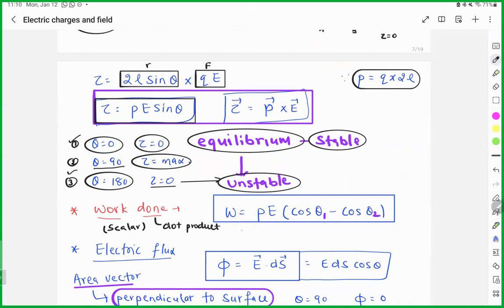If you take any quantity, let's take C equals A dot B, it will be equal to AB cos theta. That's why it is from theta 1 to theta 2. Got it? But the method is the same. Here we are having P and E.